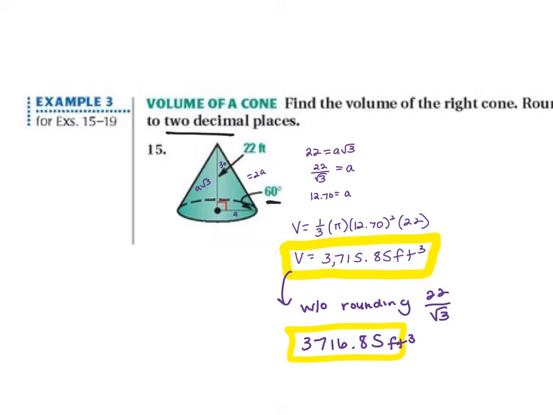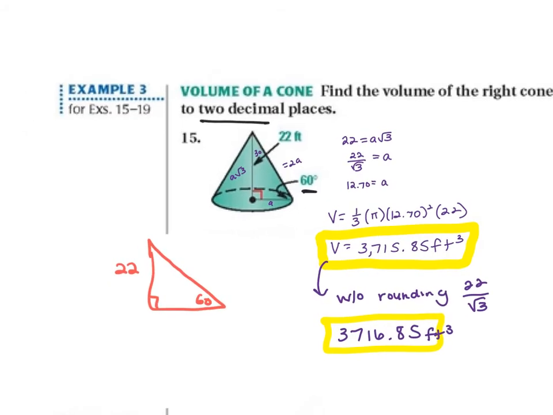12.70. Okay, so what we did was we pulled this triangle out. So I'm making a triangle here. And you were given the height, and we were given that this was 60 degrees. So this is really supposed, the 22 is supposed to be whatever x is with root 3. I know over here it's got an a, and then across from the 30 is x, and this is 2x.